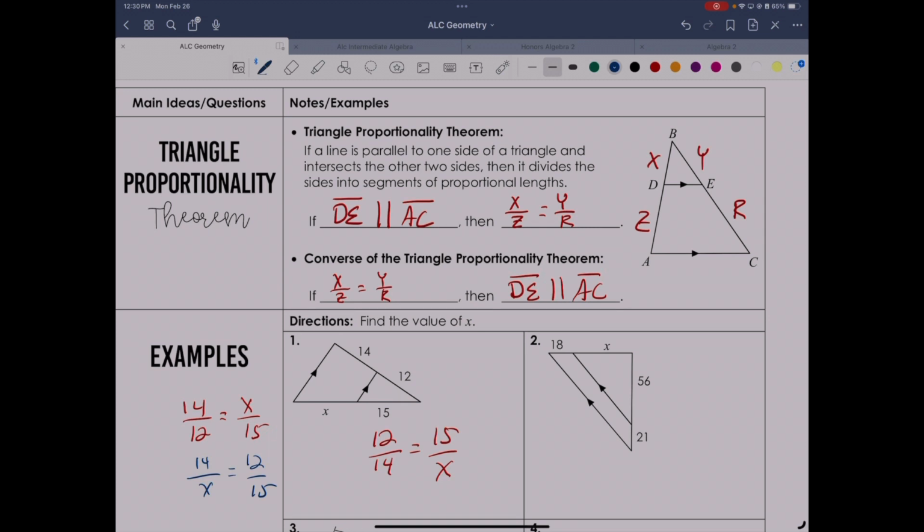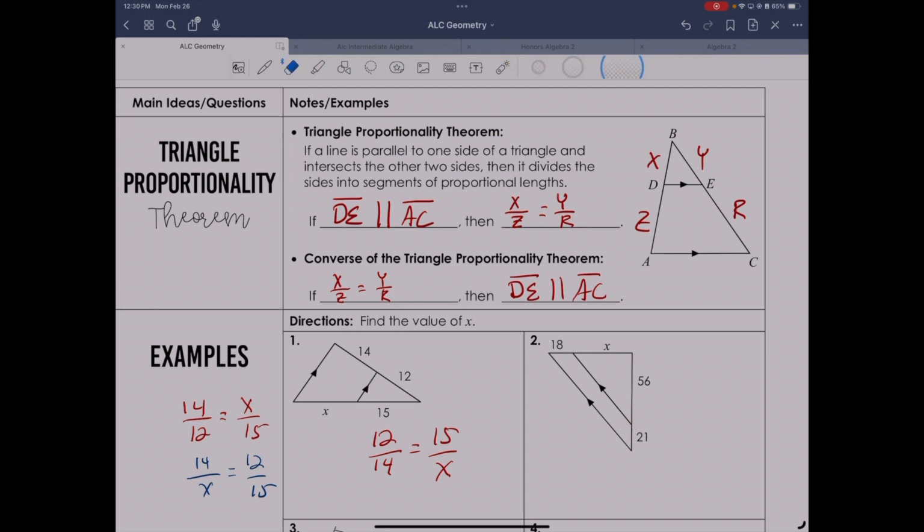So this over this equals this over this. It's the same thing. Again, if you look at the diagonals, it's 14 times 15. As long as you're consistent with where you start, what your numerator is and what your denominator is, there are vast ways to do these.